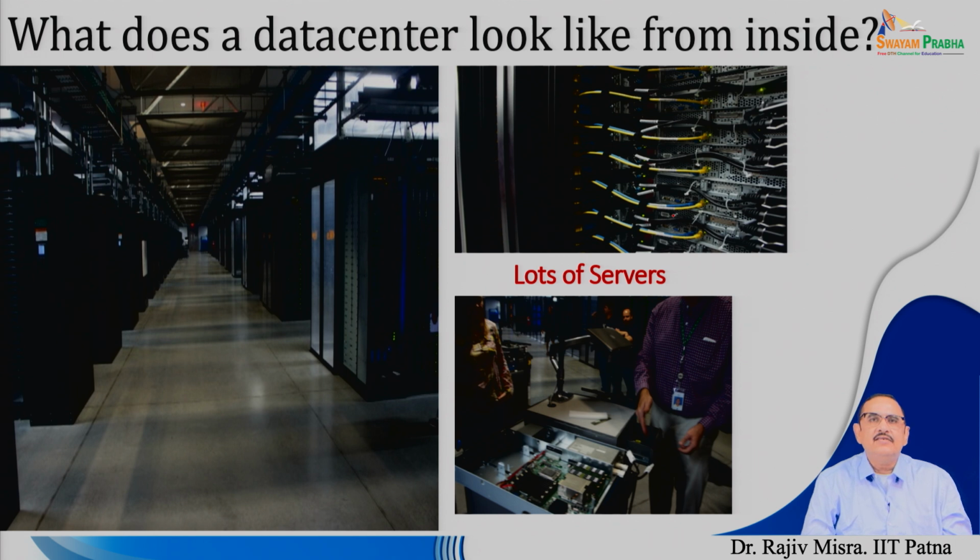These are called racks, which hold the servers, and a lot of servers are inside. One view of a rack is shown, and you can see so many servers in the racks in the data center, and so many racks.